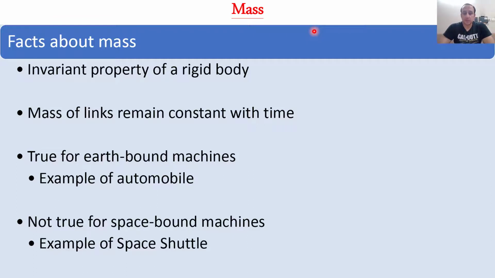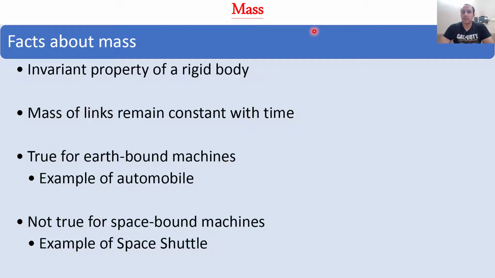Another reason for space-bound machines to change their mass is that, when we talk about space shuttles, when the space shuttle starts its journey, a lot of fuel is consumed, and during the course of its motion the shuttle removes a lot of its parts, so that it can reduce its weight and increase its acceleration.